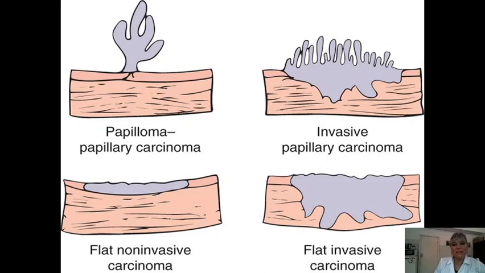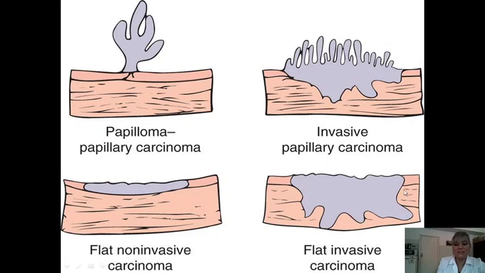If we see the pelvis affected, carcinoma appears in the pelvis at first. Before carcinoma, we can see the appearance of papilloma, a benign tumor, which leads to papillary carcinoma, maybe non-invasive or invasive form, flat non-invasive, and flat invasive carcinoma.